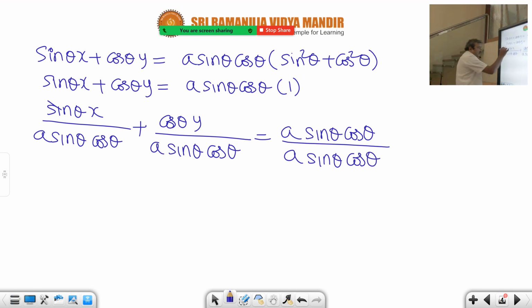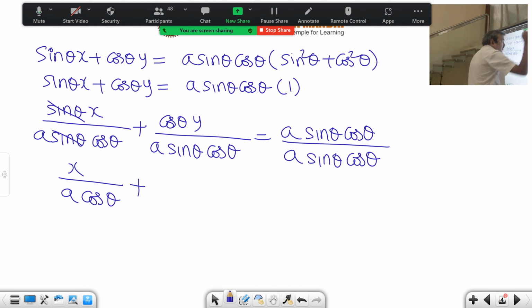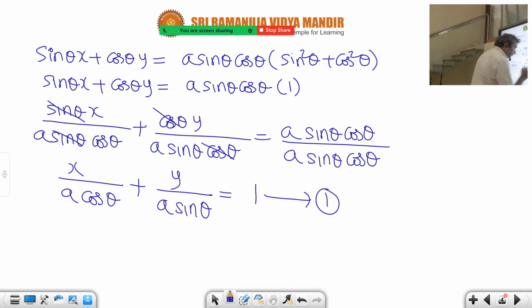So from this you can say this is x by a cos theta. Next, here it is y by a sin theta, right, and it is 1. So this is the intercept form of a straight line. Now you are converting that tangent equation into intercept form of a straight line. So this is x-intercept and this is y-intercept. So you can say it is equation 1.